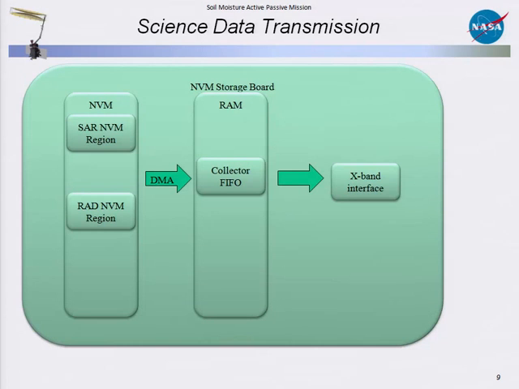This is called the collector FIFO. Basically, this FIFO collects the science data out of NVM, stores it in RAM, and the next step is getting that data out of the volatile memory of RAM and out of the X-band interface. We have hardware that's going to, all within the NVM board, take care of this for us.